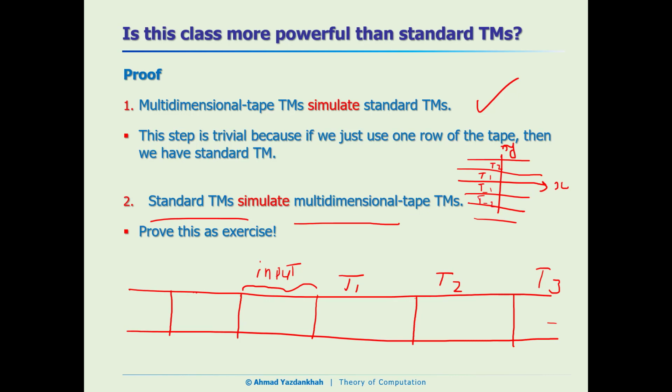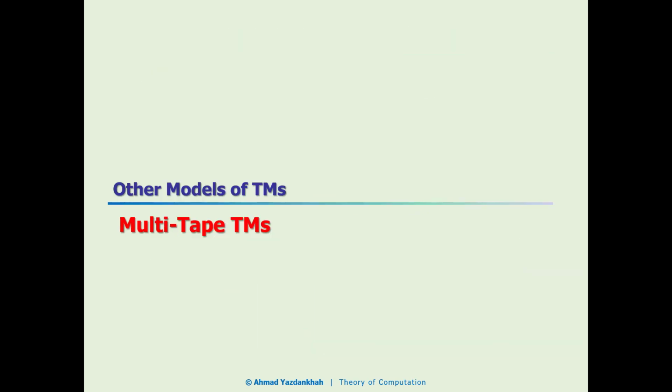So we need to simulate them on the single tape. It is doable, but of course it's very hard. So it means that we can simulate a multidimensional tape Turing machine with a standard Turing machine. What is the result of this theorem? Yeah, multidimensional tape did not add any power to the machines.